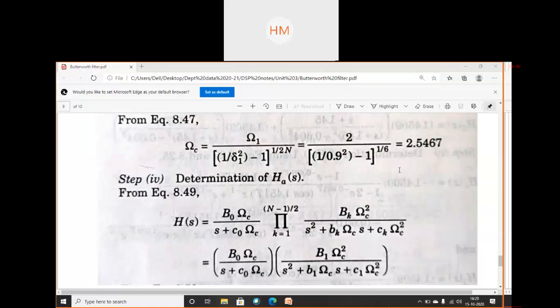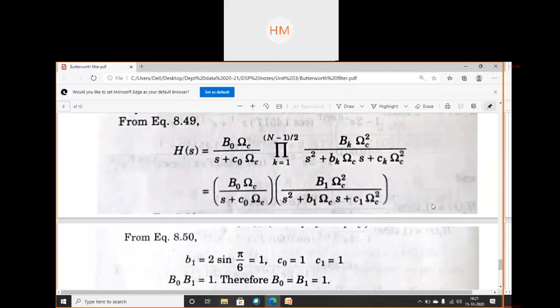Small b1 is 1. Okay, C0, C1: all the values are 1 over here. By calculating, you will get all the values as 1.